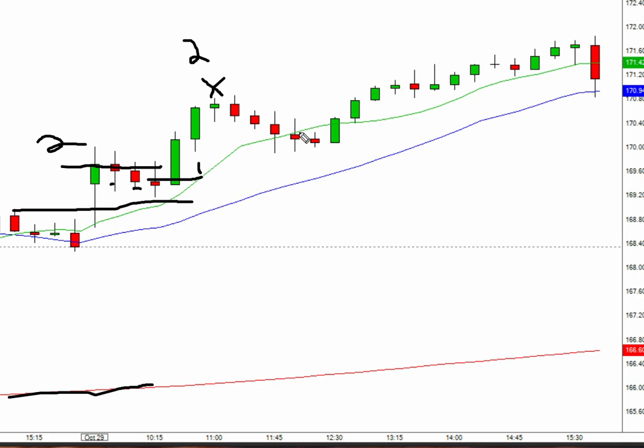So as it comes down here, I would have added another lot here. Now we're in for 2. If you want to do, I would have probably gone out here. Sell 1.